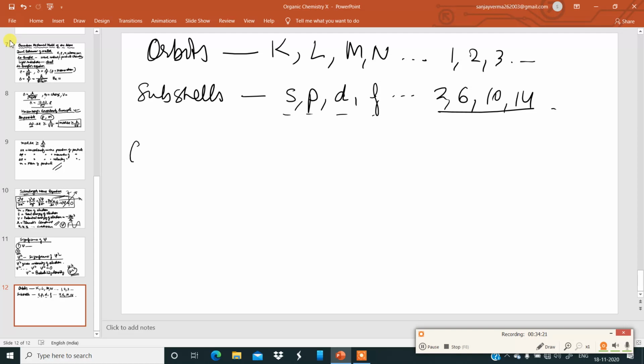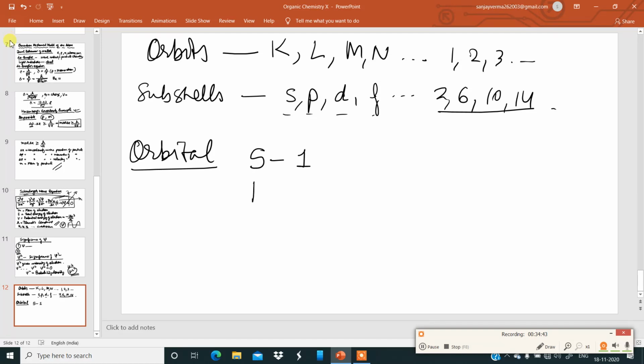And then there is a concept of orbital. Orbital is nothing but a region in three-dimensional space around the nucleus where the probability of finding the electron is maximum. So please keep in mind, S orbital, there is only one orbital.